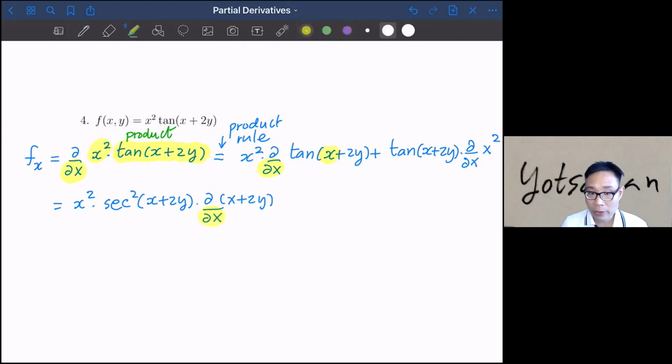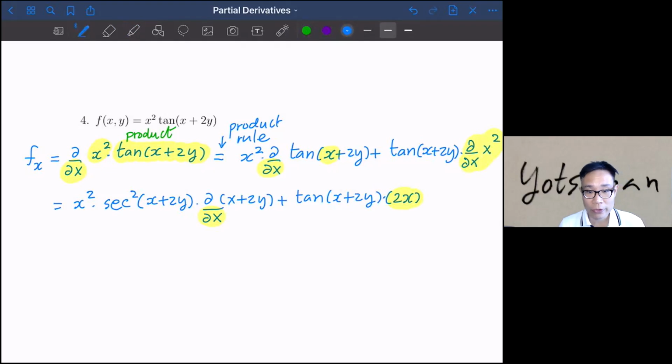So that's the first term. The second term will be tan of x plus 2y, and you have d/dx of x squared, which becomes 2x.